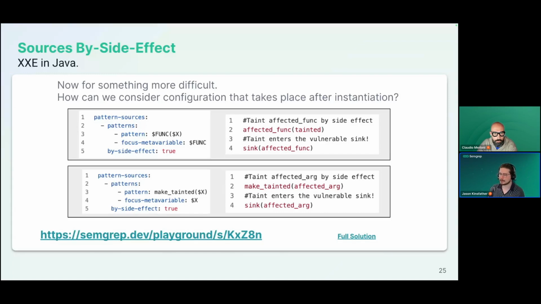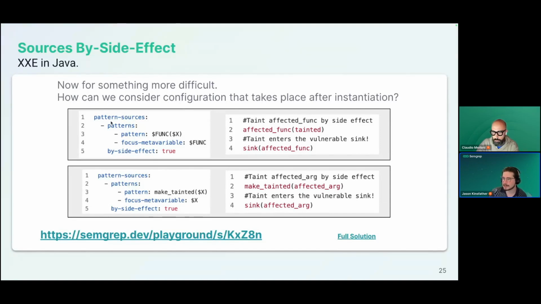But we need to consider what happens if something is instantiated, but then has settings set on it after the fact. How do we deal with that kind of workflow? The way we're going to do that is by using by side effect, which is a pretty powerful tool in our toolbox.